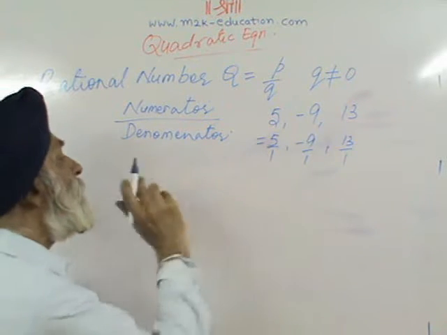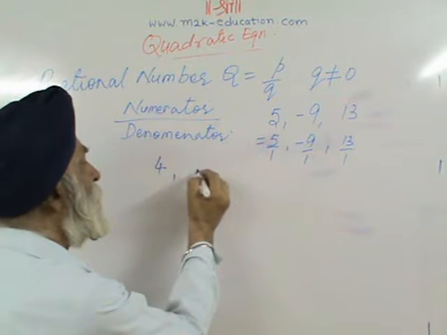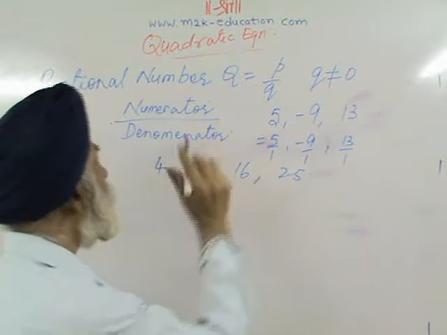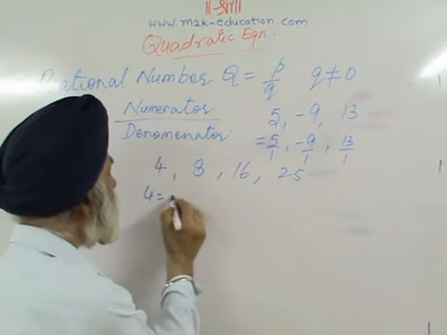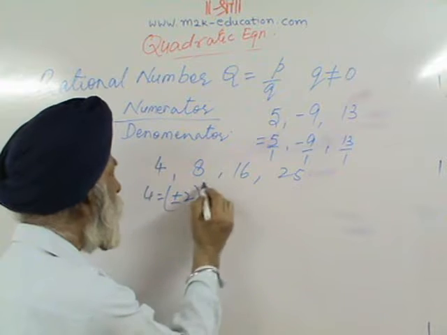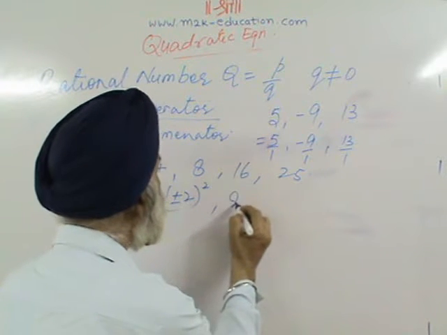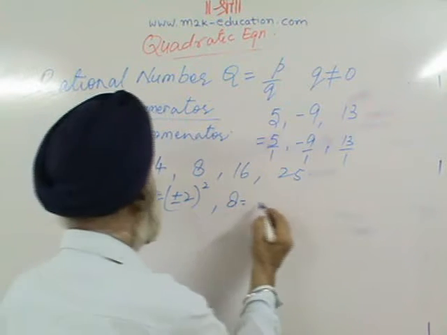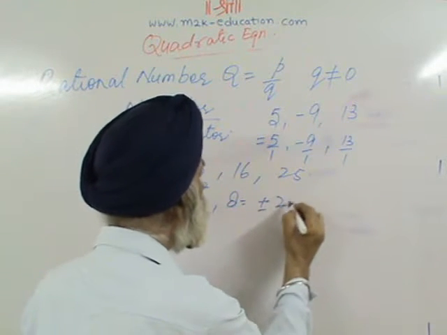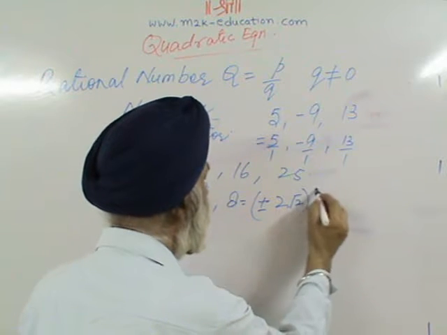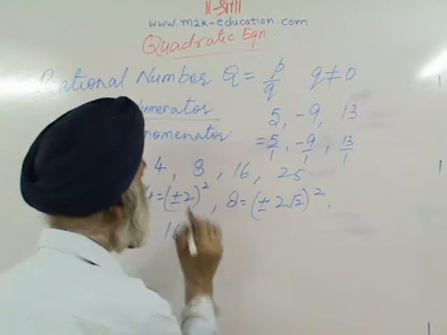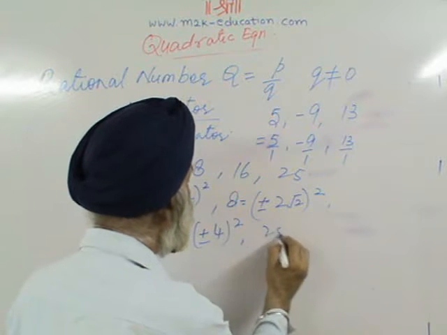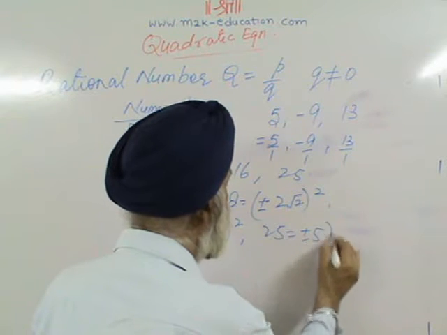Now, when we write 4, 8, 16, 25, we find 4 can also be written as plus minus 2 whole square. 8 can be written as plus minus 2 root 2 whole square. 16 can be written as plus minus 4 whole square. 25 can be written as plus minus 5 whole square.